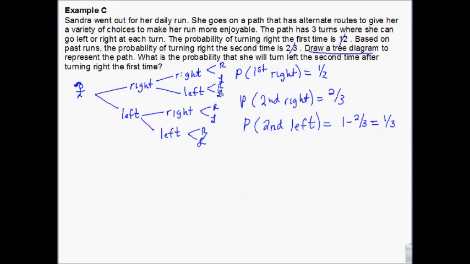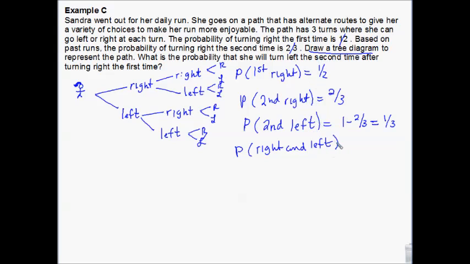Okay, so what is the probability that she's going to turn left the second time after turning right the first time?